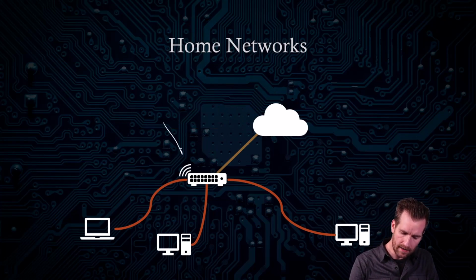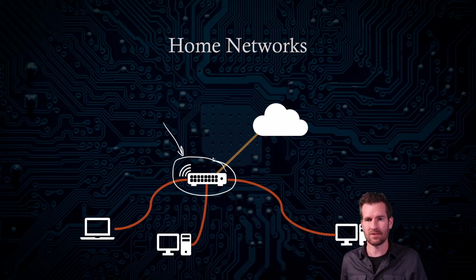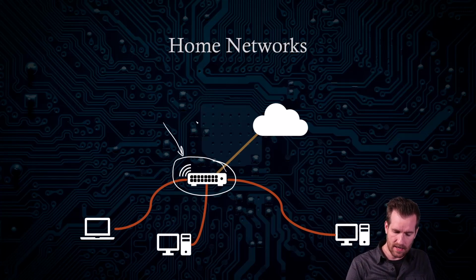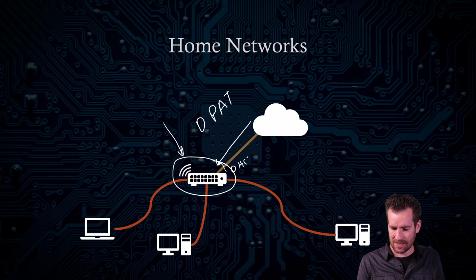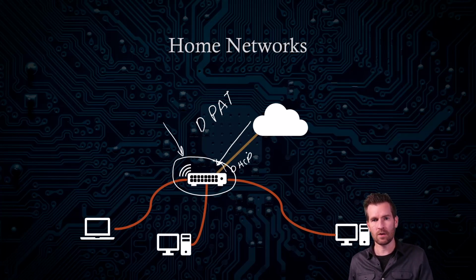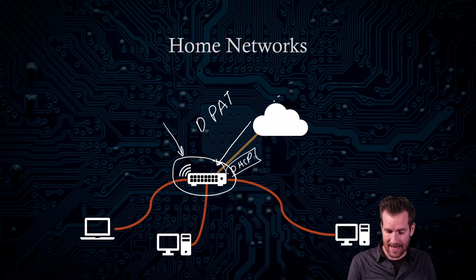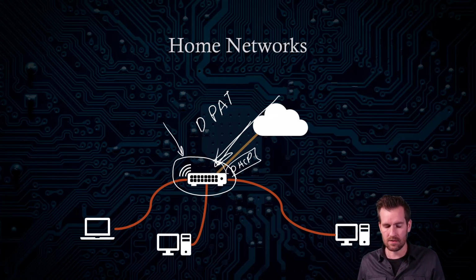Well, for one, you've got this router, Wi-Fi, switch, possibly modem all wrapped into one, and it is using dynamic PAT for that translation. It gets an IP address sometimes through DHCP or point-to-point over Ethernet, or there are different ways that it gets an IP address, or it's statically assigned, but essentially this IP address comes from the internet service provider.